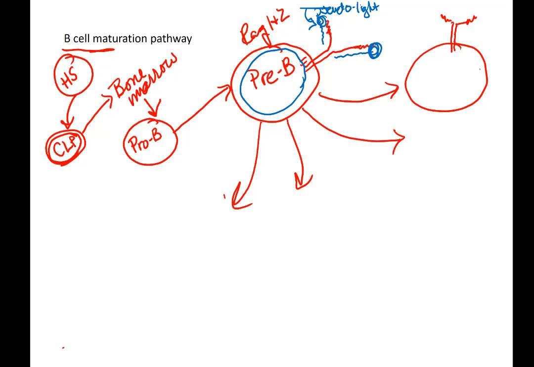And because of the way diversity works, we clonally expand this pre-B cell, and now we're going to make this into an immature B cell by rearranging a light chain. But let's look at this heavy chain. I'm going to have to figure out how to copy and paste these.